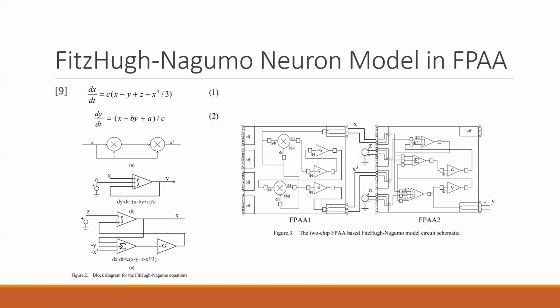The second FPAA block here does the calculations for the differential equations. So this is how the Fitzhugh-Nagumo block works. What you should really note here is the use of a gain-hold block for coordination between the two FPAAs.